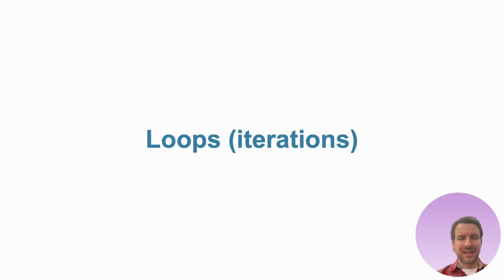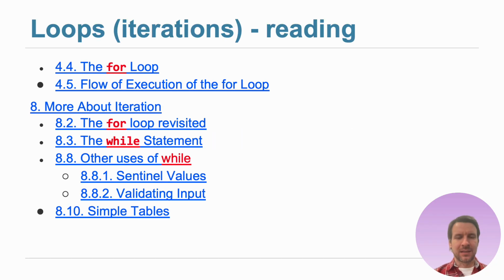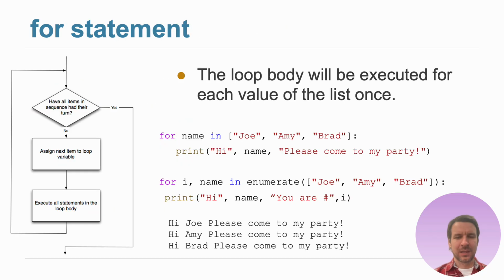Loops are pieces of code that you can execute over and over until some condition is satisfied, typically. There are two basic loops, for loops and while loops. You can read about them in section 4 and 8. Let's start with the for loop.